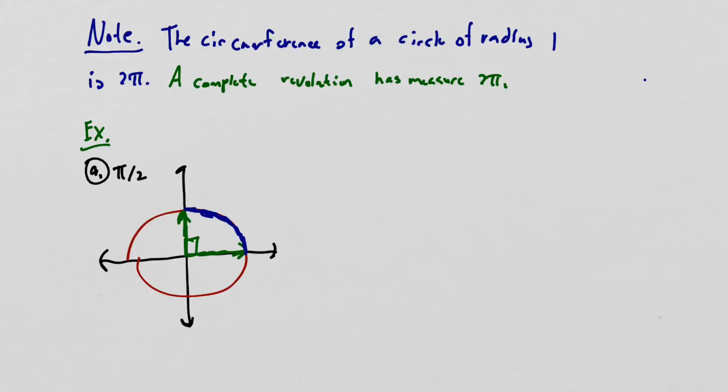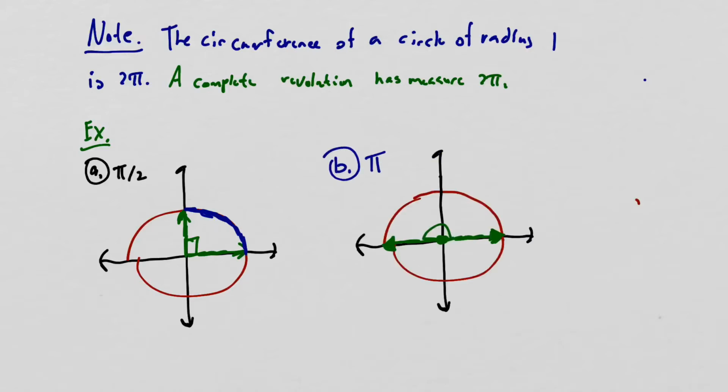In part B, we'll be looking at an angle of pi, this time the circumference of the circle is going to be half of the circle. In the third picture, we'll be looking at the angle 3 pi divided by 2, which is going to be 3/4 the circumference of the circle.